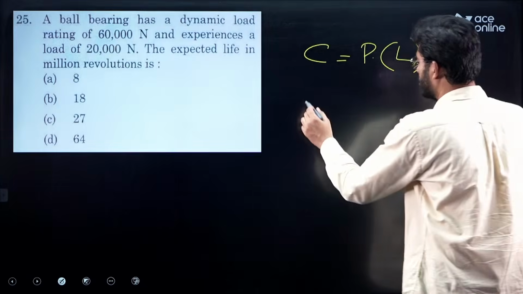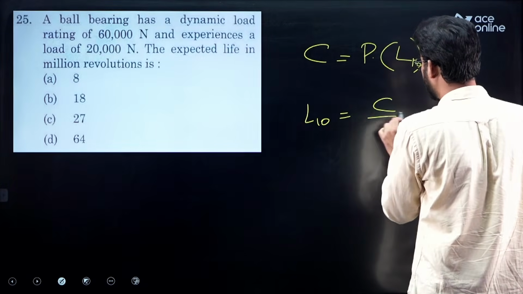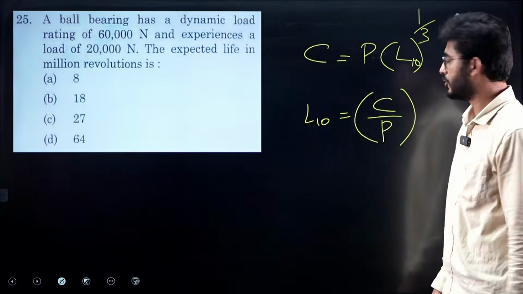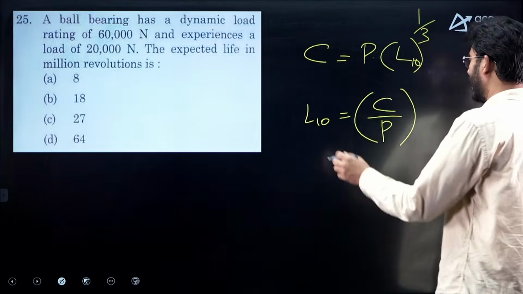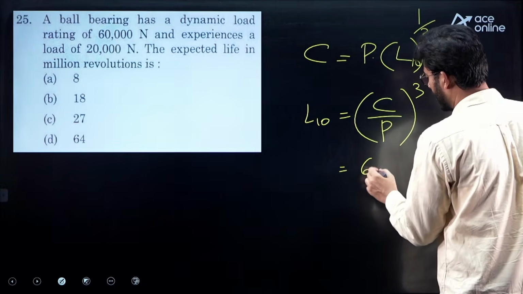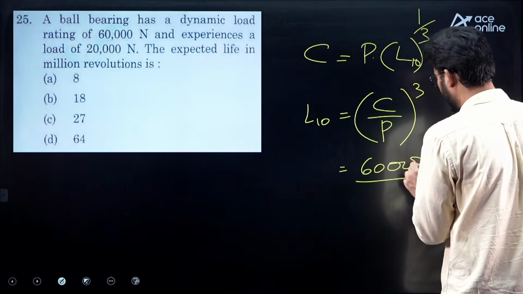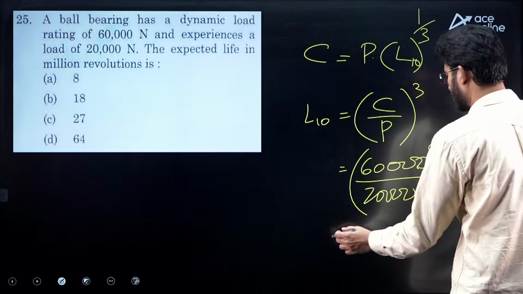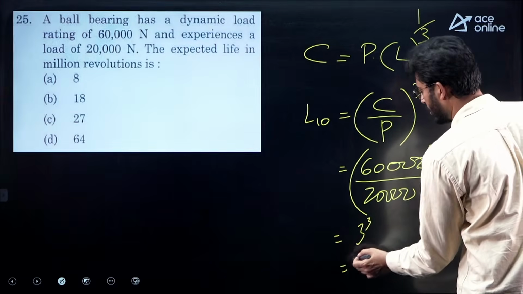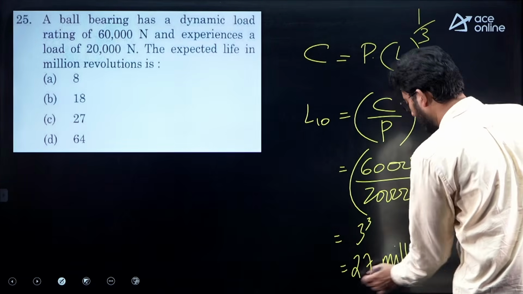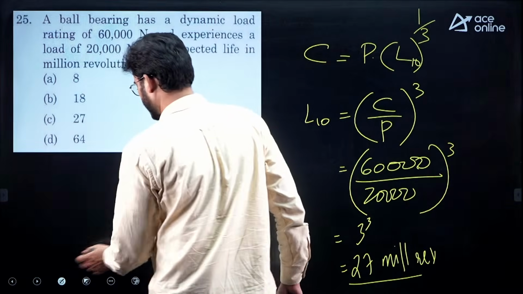Sorry, let me correct it. So L10 here is equal to (C by P) whole power 3. So C is 60,000, (60,000 divided by 20,000) whole power 3. So this is 3 power 3, which is equal to 27 million revolutions. That is option C.